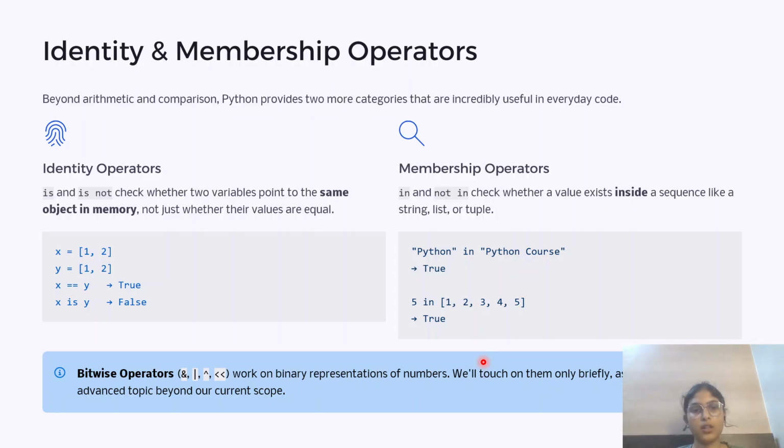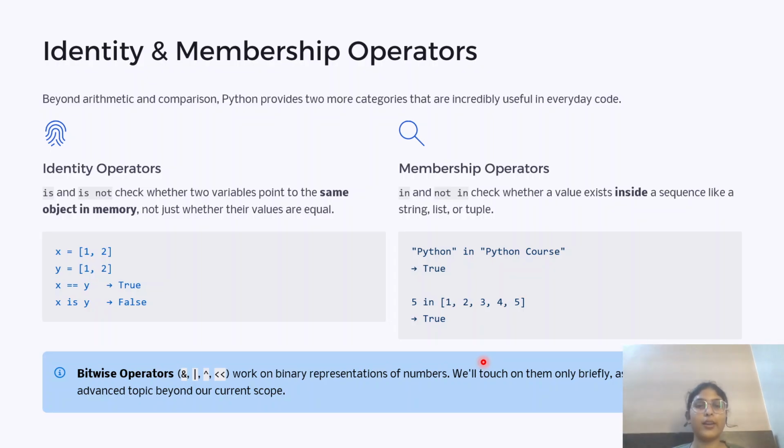The computer checks whether the word Python exists in the title or not. That's exactly what the membership operator does. Here is an example: asking Python in Python course. True, because Python exists inside the sentence, right? If I ask Java in this course, you would say no, it is not.